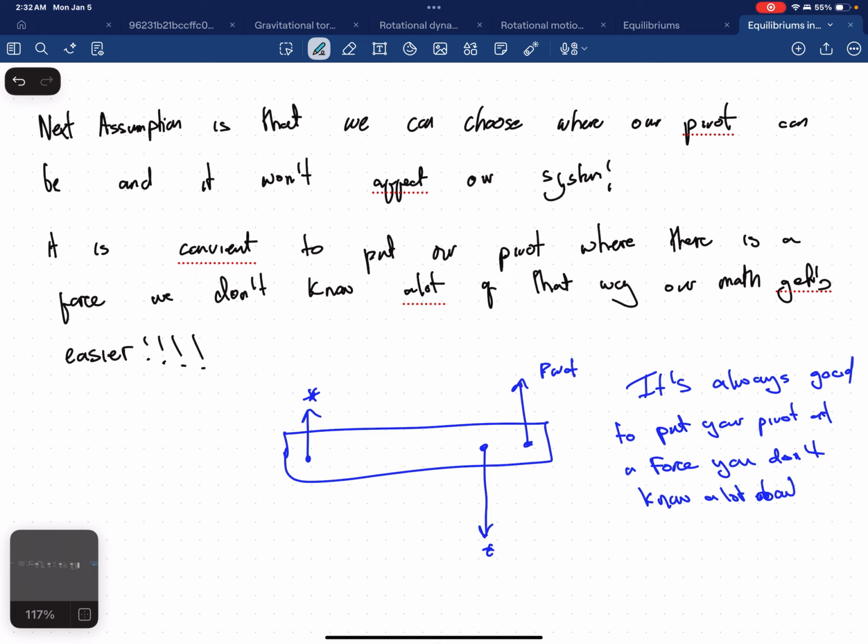Because if you put your pivot at that particular point where the force is being applied, that torque is going to be 0. Remember, torque is equal to F r. So if my force is being applied right at the pivot, my torque is going to be 0.